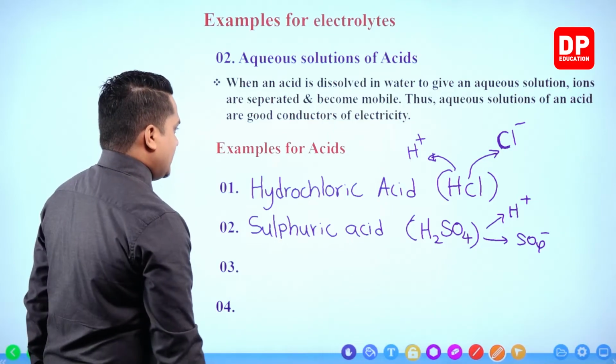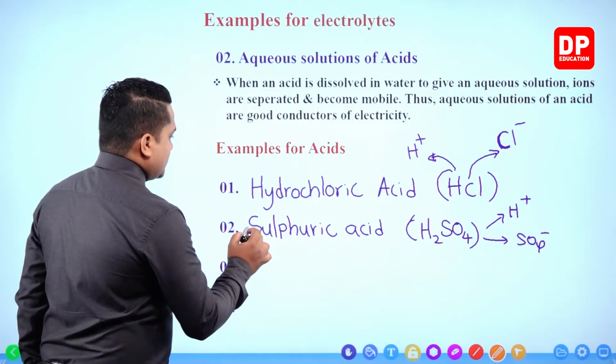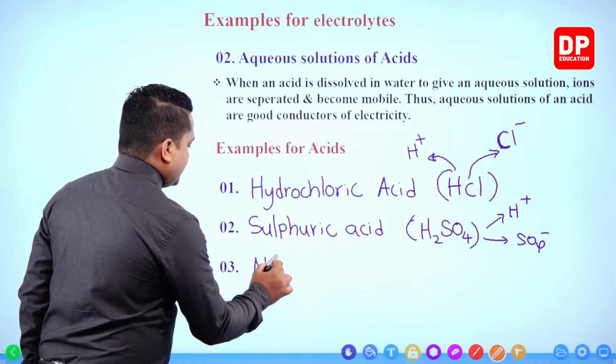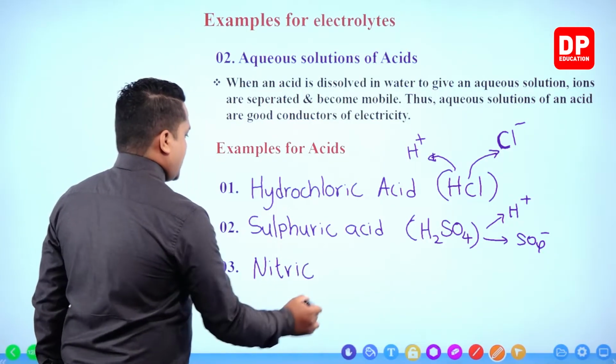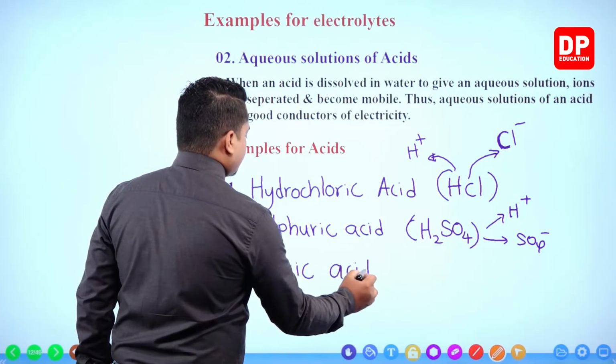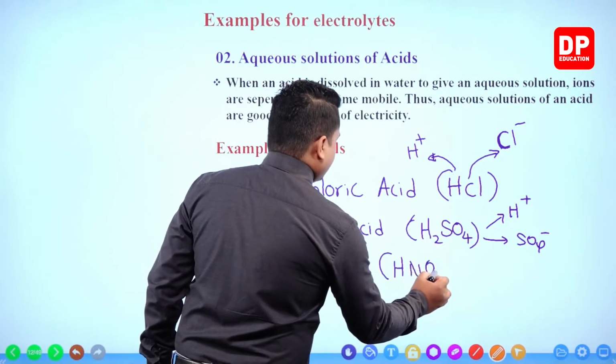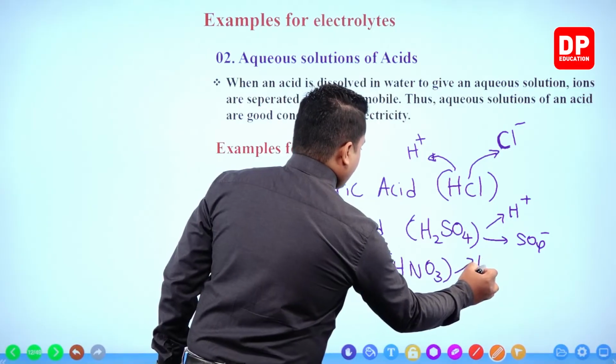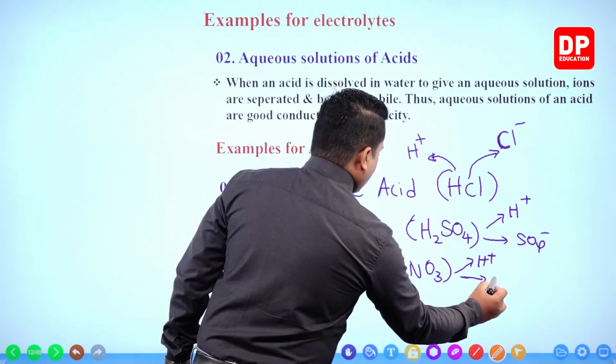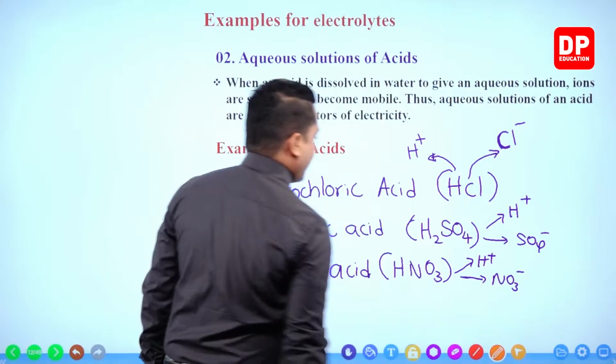Next one, nitric acid, HNO3. Hydrogen plus, NO3 minus.